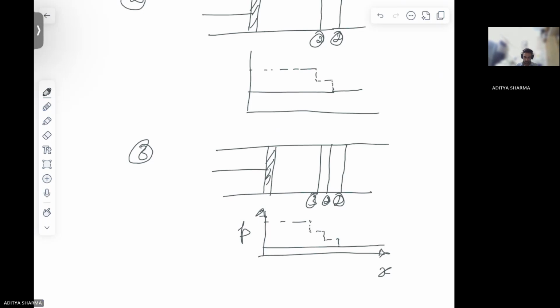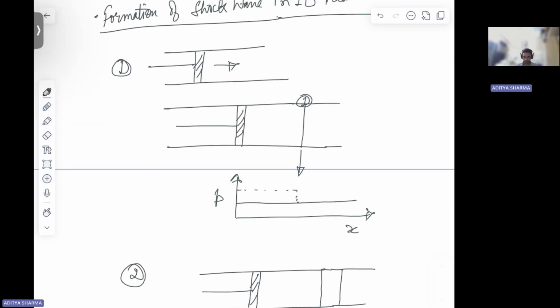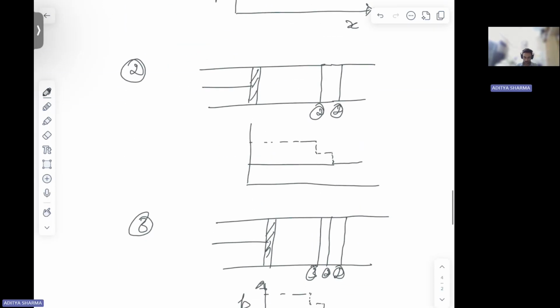Why so? Because as the compression wave moves, this region's static properties are going to change. Its pressure and static temperature are going to change, and that change contributes to an increase in the velocity of the next compression wave that comes.